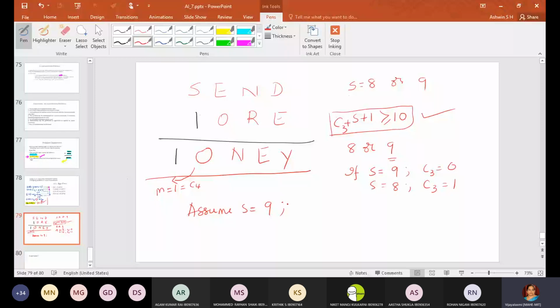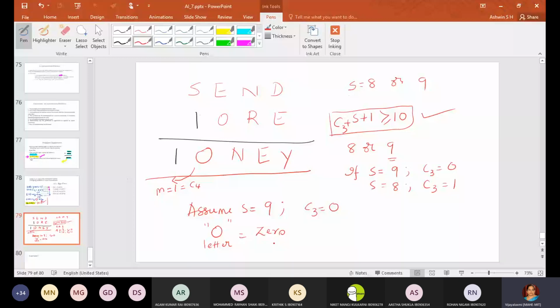If S is equal to 9, what happens? That means I am assuming C3 is equal to 0. If S is 9, then this will be 9 plus 1. So my letter O, please note that this is letter O, will be equal to 0. I am writing 0 in words.